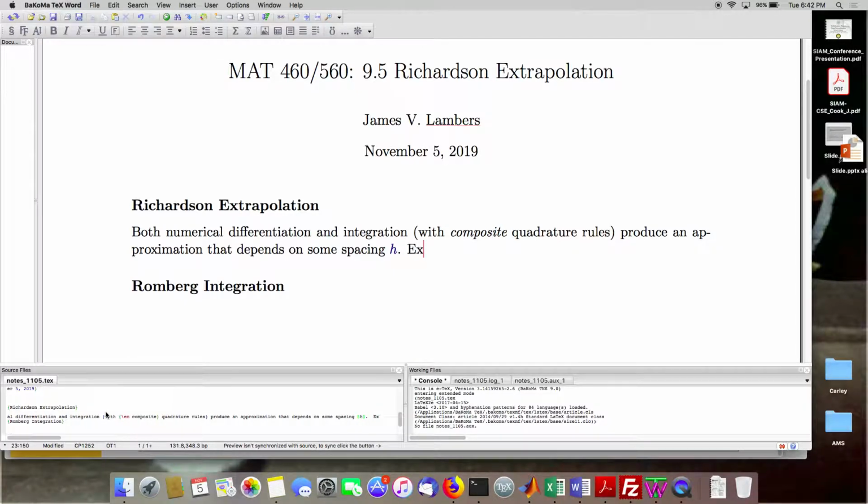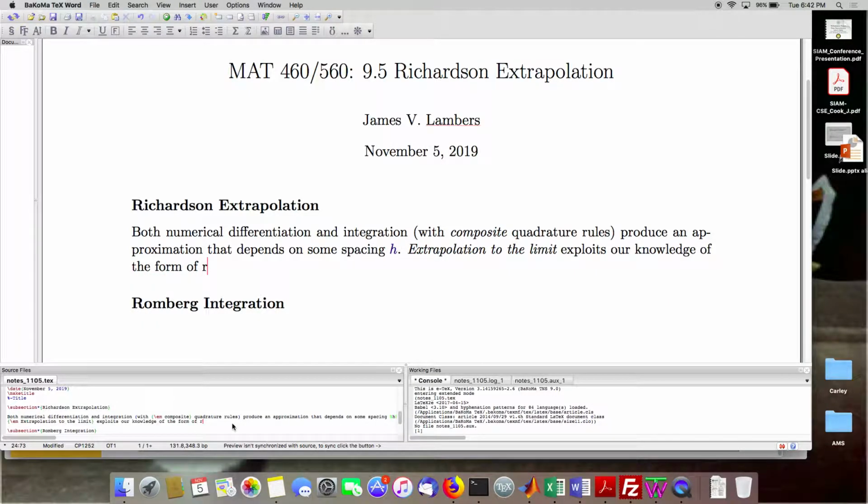So extrapolation to the limit exploits our knowledge of the form of the error to produce a more accurate approximation.